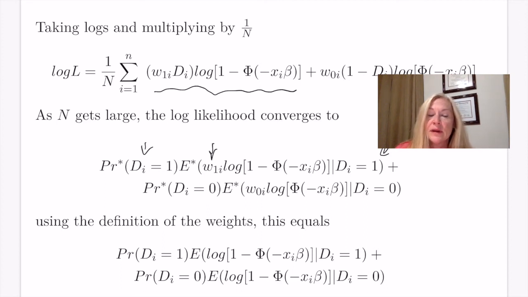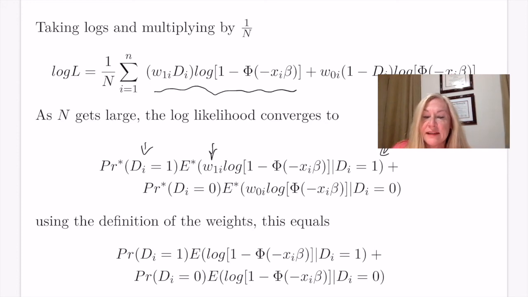So you're left with the true probability times just the expected value, without this, because it's conditional on d equals 1. So conditional on the choice, it's random sampling. So we can just plug in E in place of E star. So you can see that this log likelihood converges to the same thing that you would get with random sampling. So basically including these weights undoes the choice-based sampling.